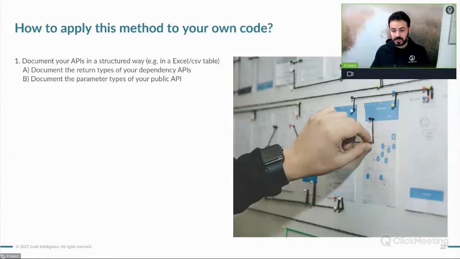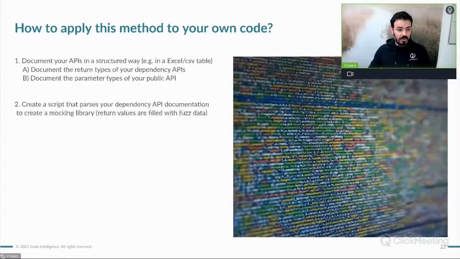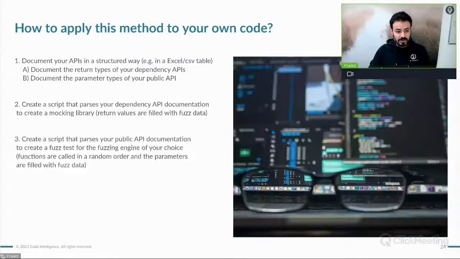In our example, we chose Excel as a format. We need to create a script that parses this API documentation and creates a mocking library based on it, where basically it replaces the arguments and the return values with fuzz generated input.